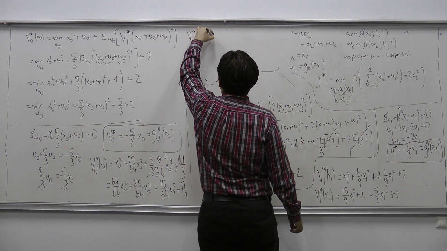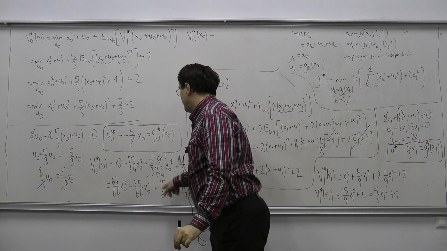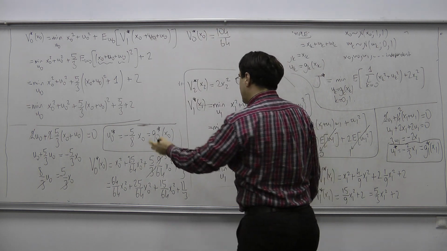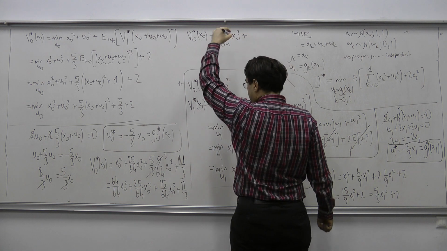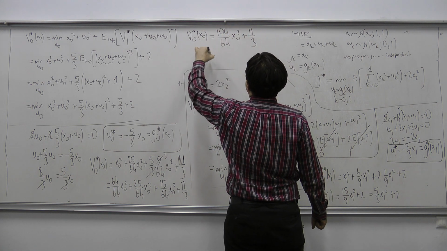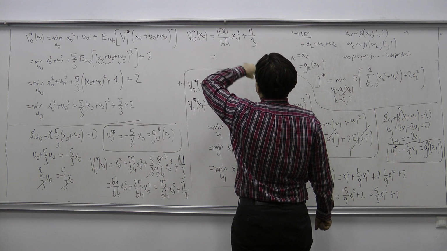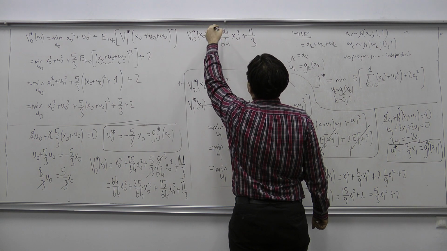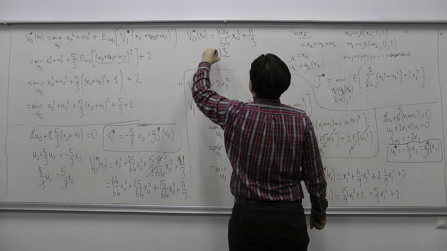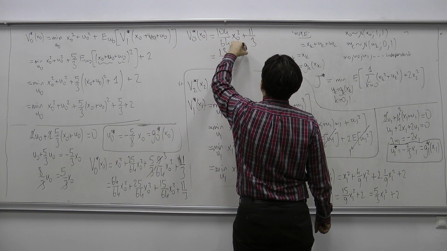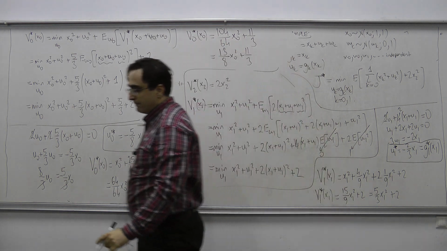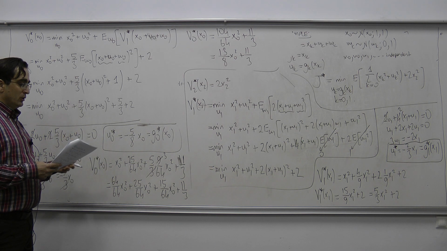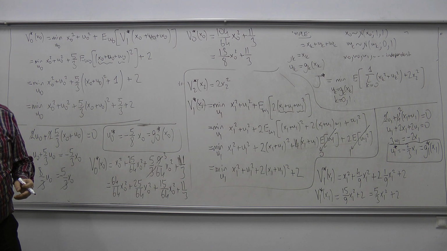V0 star of x0 is equal to, this is 40, so 104/64 x0 square plus 11/3. Let me divide both sides by 8, so it is 13/8 x0 square plus 11/3. Okay. So this is the optimal cost at time 0, optimal cost to go at time 0.